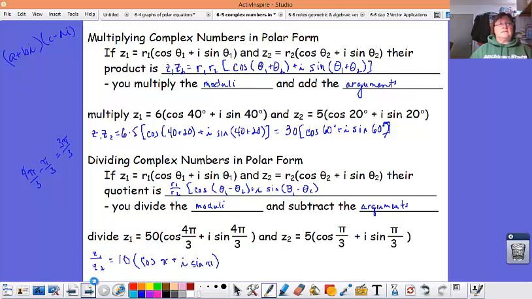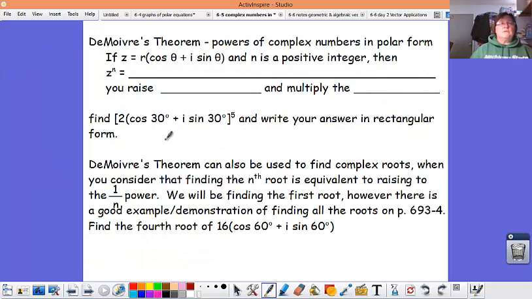All right, the next little bit we're going to talk about exponentials with complex numbers in polar form, but really, folks, exponentials are repeated multiplications, so it uses what we already know. This is called De Moivre's theorem, at least I think that's how you say it. I have a terrible French accent.